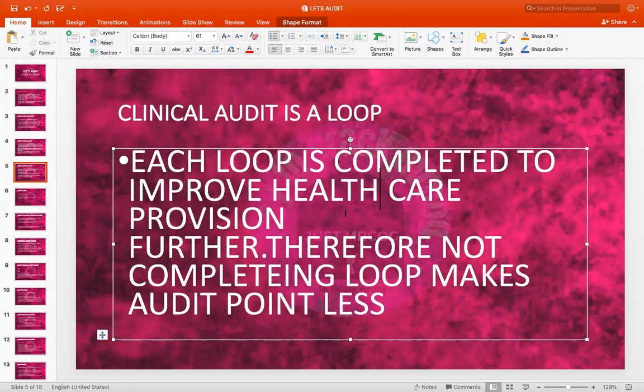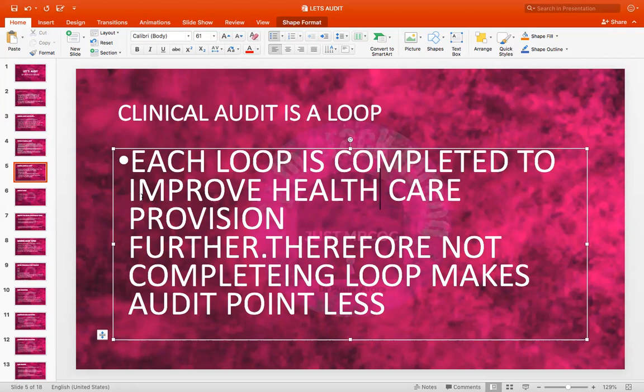Because an incomplete audit means you have done the first 4-5 steps, but not the later 2-3 steps which were very important, which I'll discuss. If you do not take those 2-3 steps, your audit cycle loop becomes incomplete, and the advantage of the audit is lost.